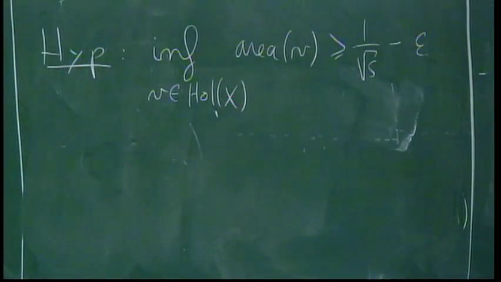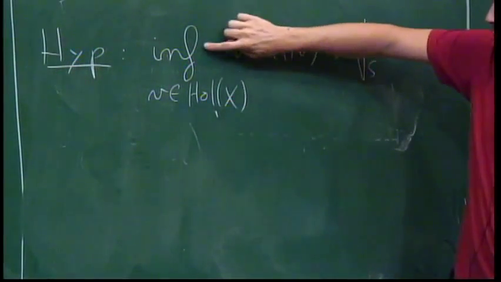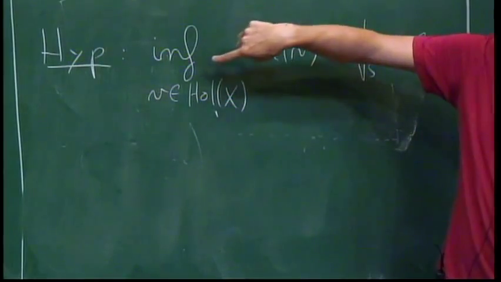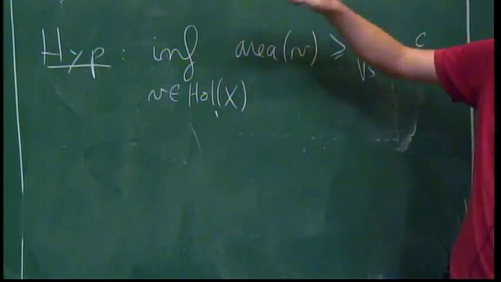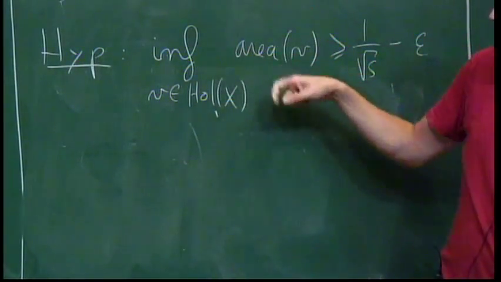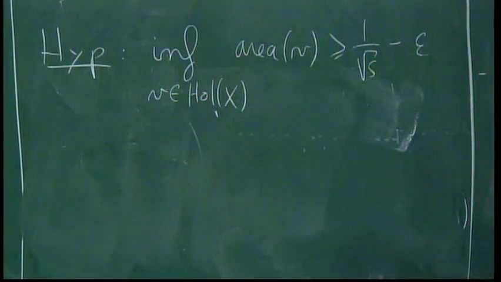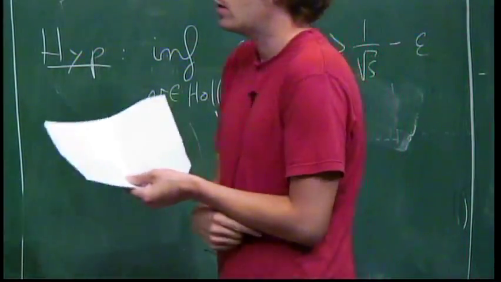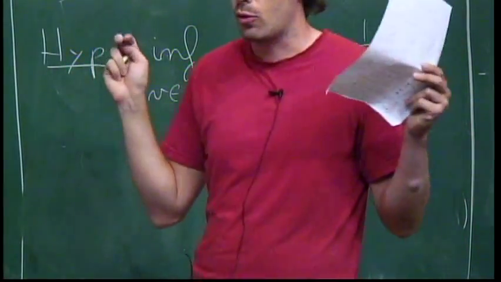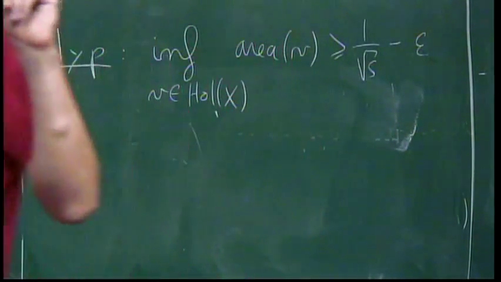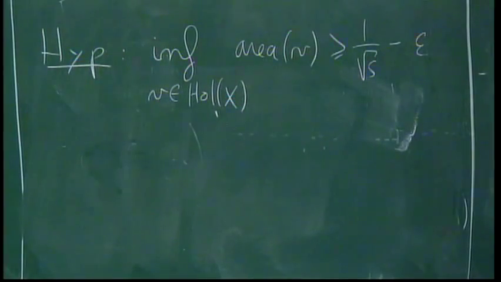And perhaps you noticed that I put an inf instead of a liminf, but we can pass from liminf to inf because, as in the case of the rotations, you have density of the quadratic. So if you look only at Lagrange values for quadratic numbers in the case of rotations, it's dense in the Lagrange spectrum.